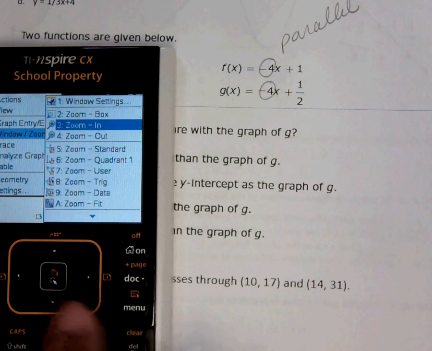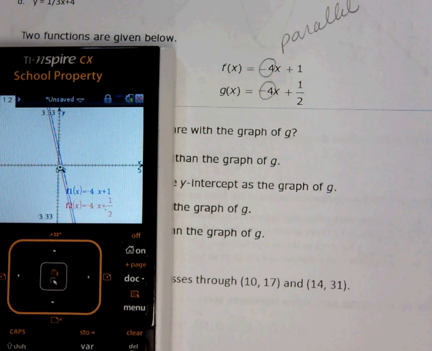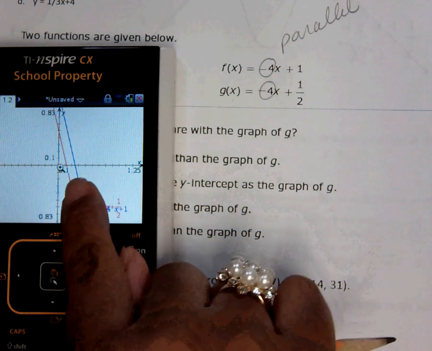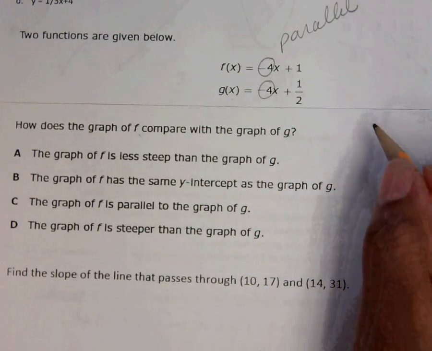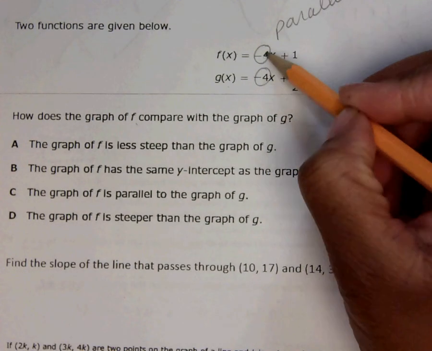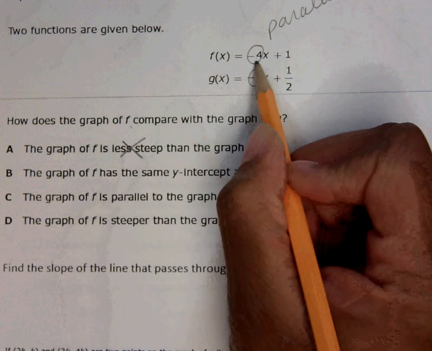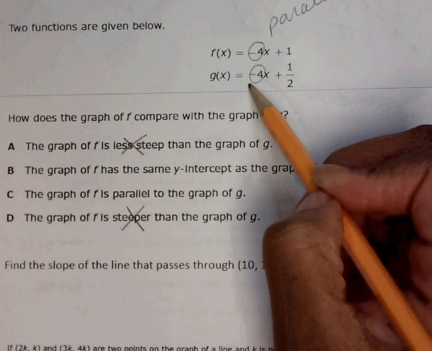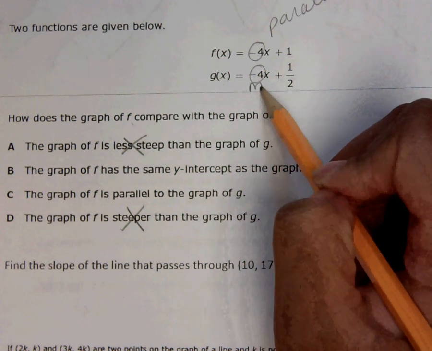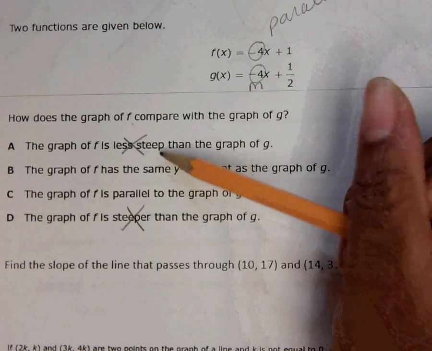So I'm going to zoom out so I can see, or maybe zoom in. I apologize. There we go. And as you can see, they are parallel. So if these numbers were different, I knew I could decide that it would be steepness.